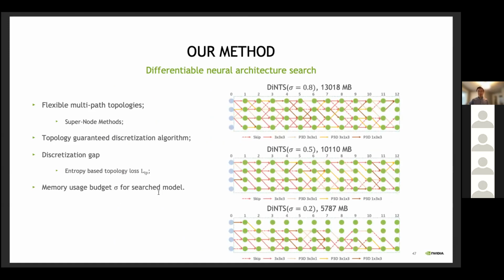You can see based on different sigmas, the number here is the GPU memory consumption. So with different values of the control parameter, the network from the searching process will be different.